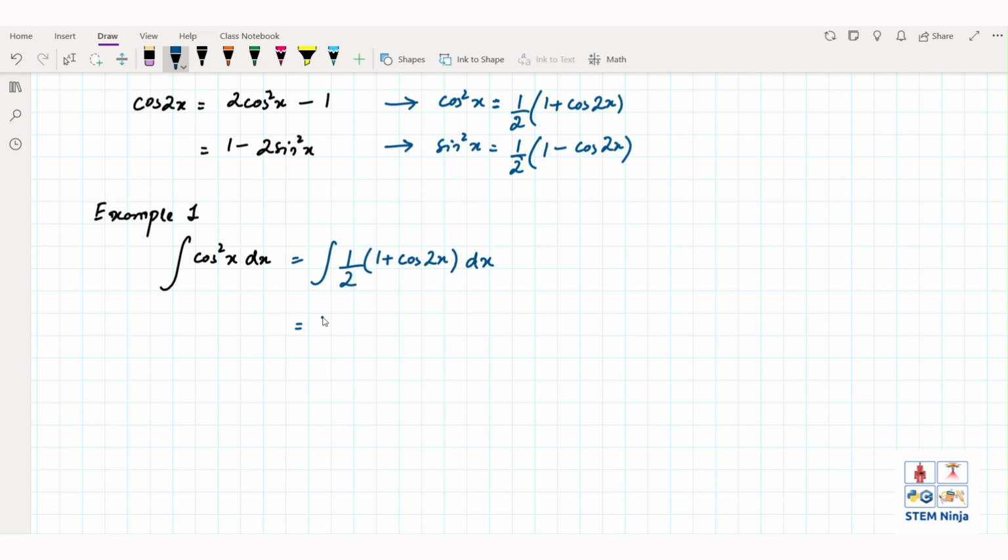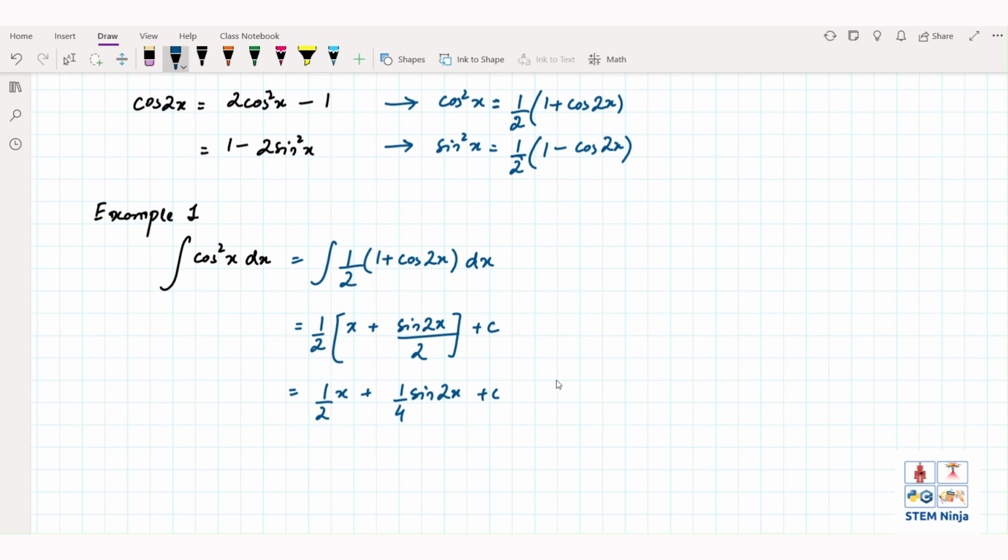The integral of 1 is x, and the integral of cos 2x, as we saw in the previous video, is sine 2x, same angle, but divided by the derivative of 2x, which is also 2. Now we just multiply the 1 over 2 inside: 1 over 2 x plus 1 over 4 sine 2x plus c. Very straightforward.